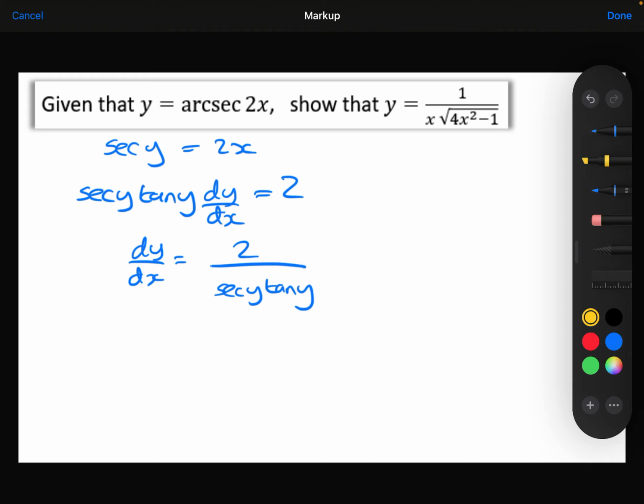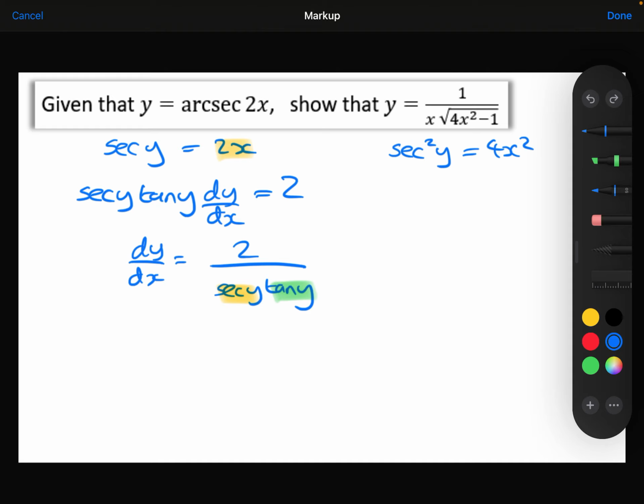Now, the sec y, I already know that that's just 2x. It's the tan y that I need to figure out. Now I know that tan squared plus 1 is sec squared. So let's do some work. Sec squared y is going to equal 4x squared. That's me just squaring both sides here.